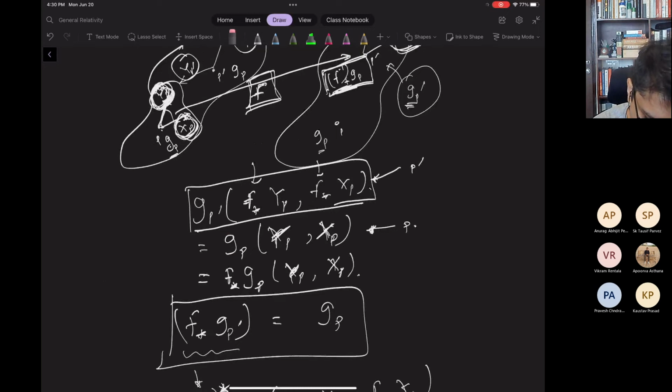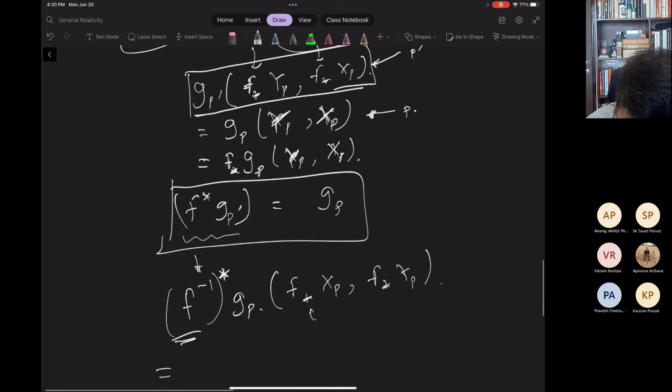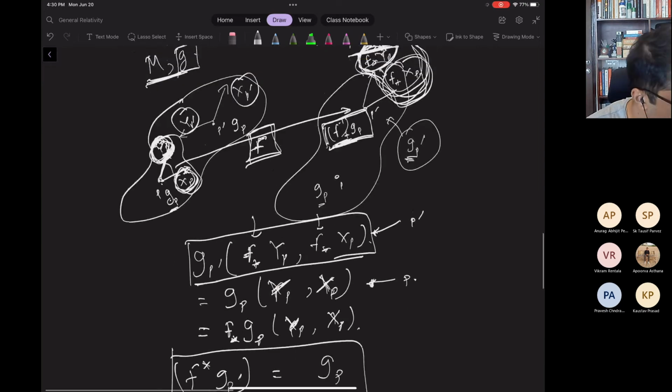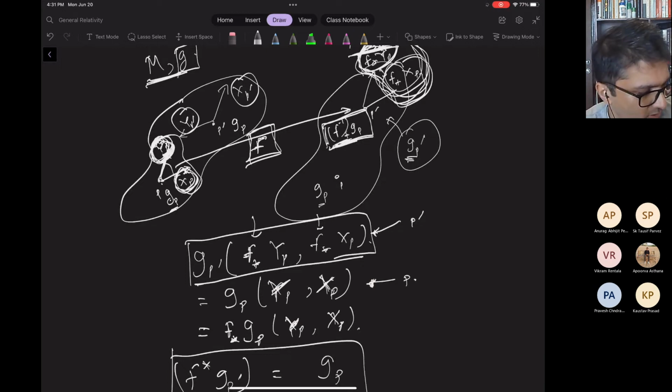Did I make a mistake here? Yes, I think I meant to do F upper star. This is a pullback of G. Sorry, what am I getting wrong? What is the notation that we used? We used lower star for push forward, or we use upper star for push forward?